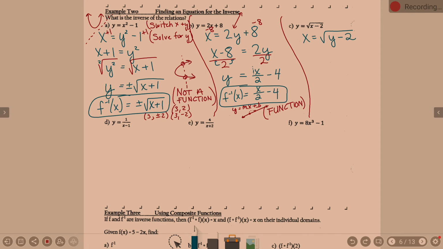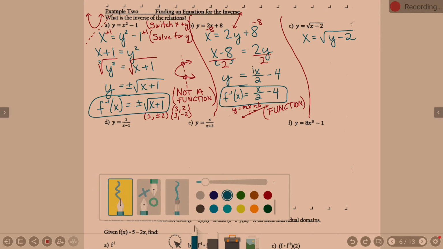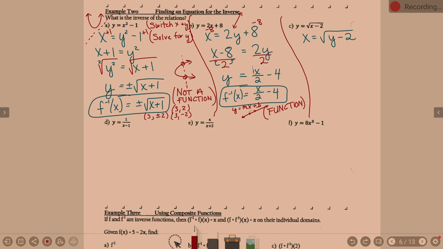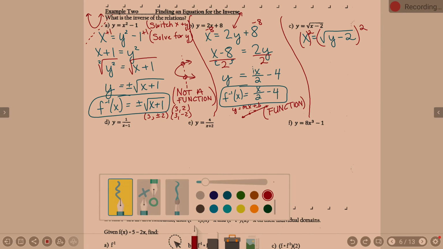You're getting a variety here, aren't you? They're all a little bit different to solve, which is good. Now, square root of y minus 2. How do I make that square root go poof? Send it to the power. To get rid of a square root, which is a root of 2, raise it to the power of 2. If I raise one side to the power of 2, we're going to raise the other side to the power of 2.